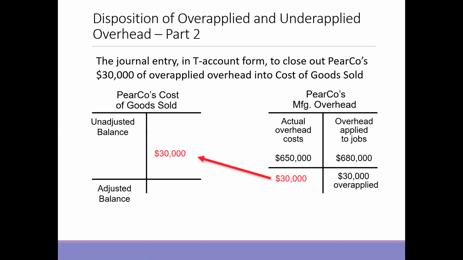In this case, since we over applied it, we take that 30,000 we over applied in manufacturing overhead, and we reduce our cost of goods sold. So we're showing we really spent 30,000 less in costs than we originally showed.